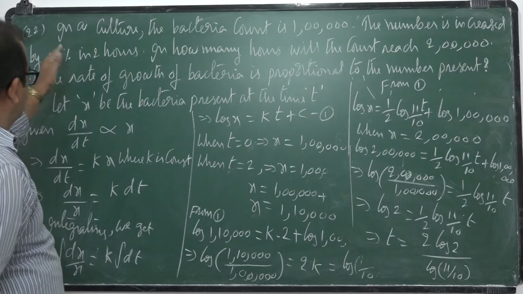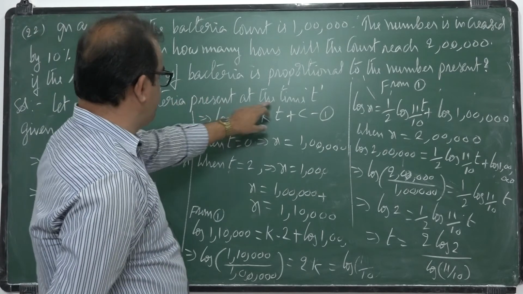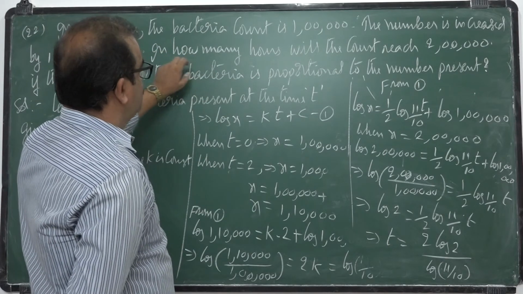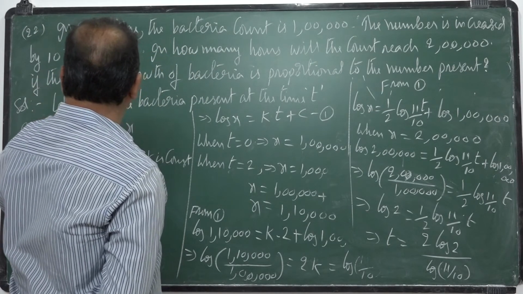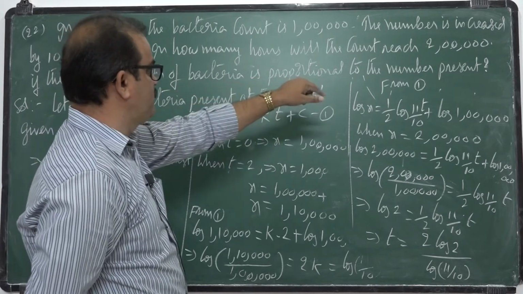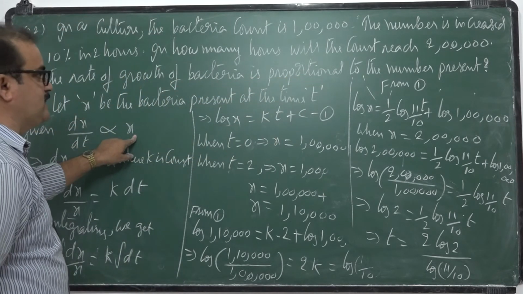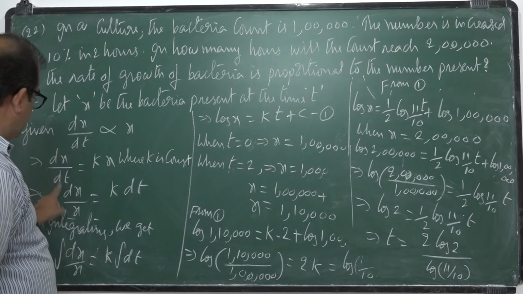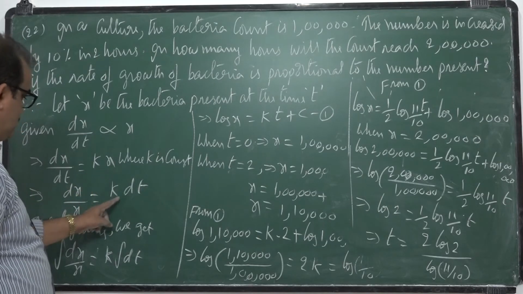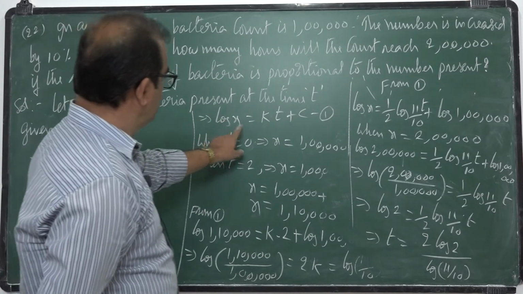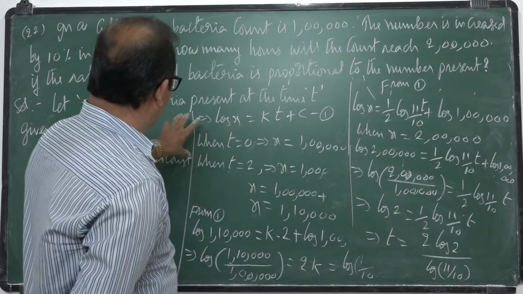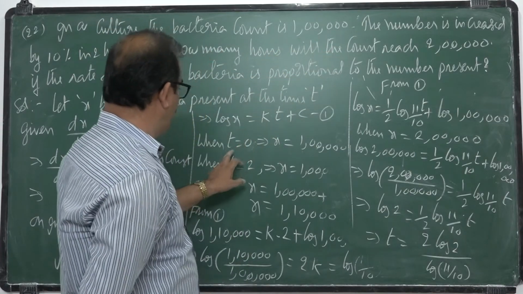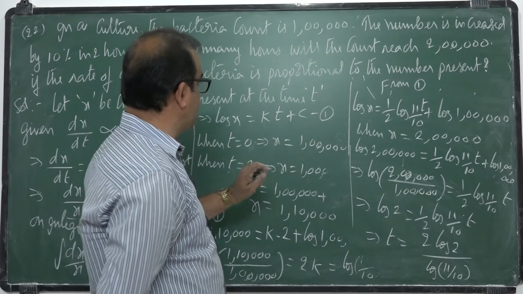See here, let x be the bacteria present at the time t. What is given? The rate of increase in bacteria is proportional to the number of bacteria present. Dx by dt is proportional to x. We get dx by dt is equal to k into x. Separate the variables and on integrating we get equation 1. Here apply the conditions. Initially bacteria count is 1 lakh. When t is equal to 0, x is 1 lakh.